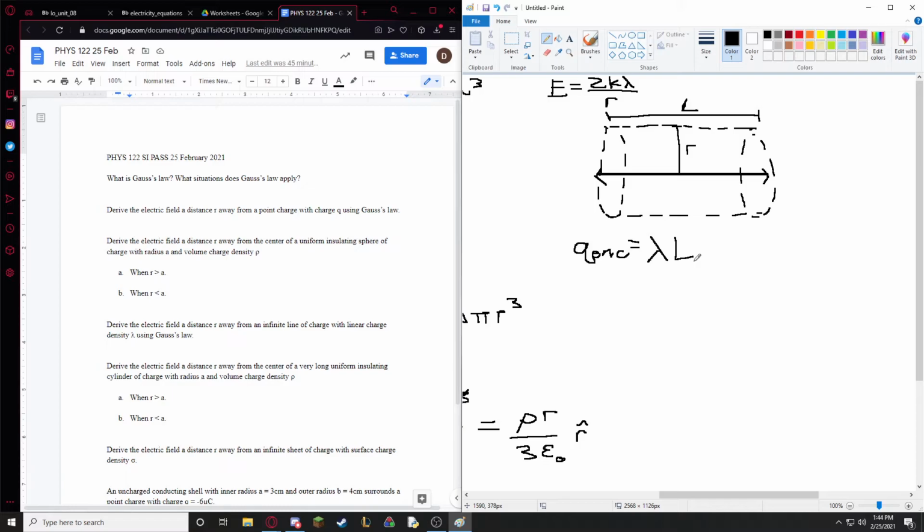Boom. Nice and easy. So now we want to go ahead and solve our integral of E dot dA, and it's a closed surface integral. So we need to go ahead and integrate over all the different parts of our cylinder.